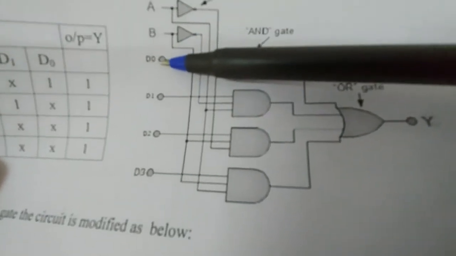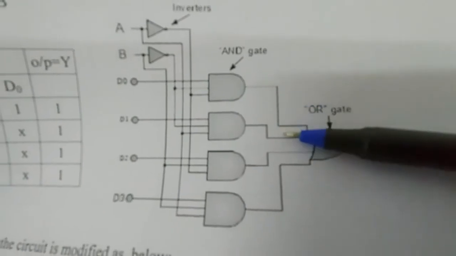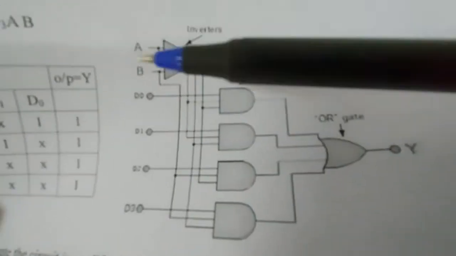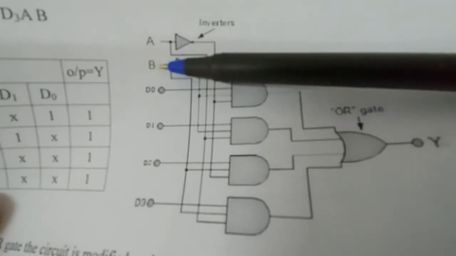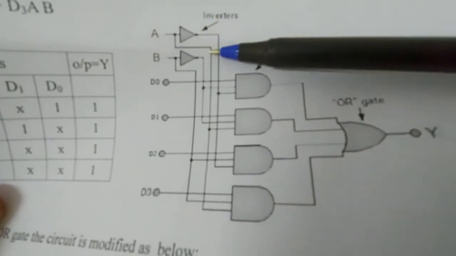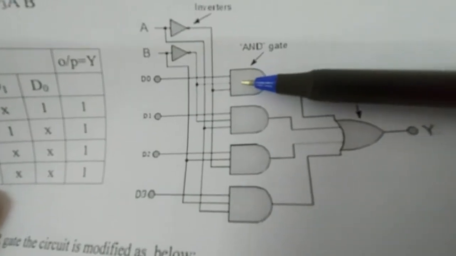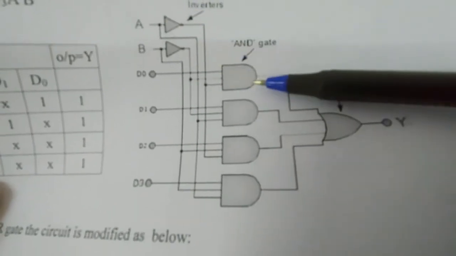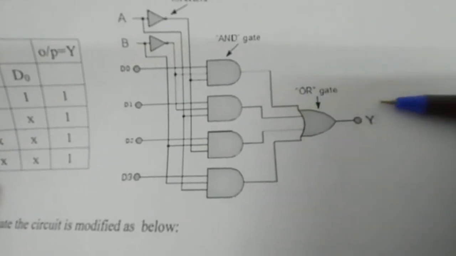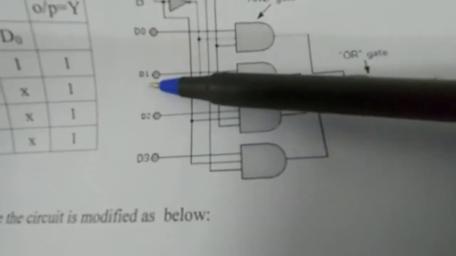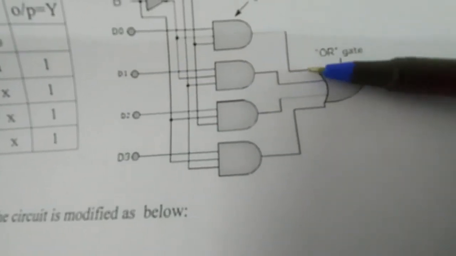So if we want the input from D0 to reach the output, we need to give the address A and B. So A is 0, B is 0. A bar and B bar are given to the first AND gate, and therefore the first AND gate will be enabled and will get output D0. So if we want D1 to reach the output, we have to give 0 and 1.